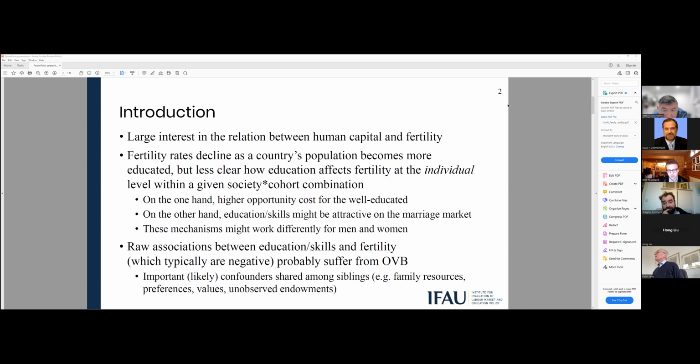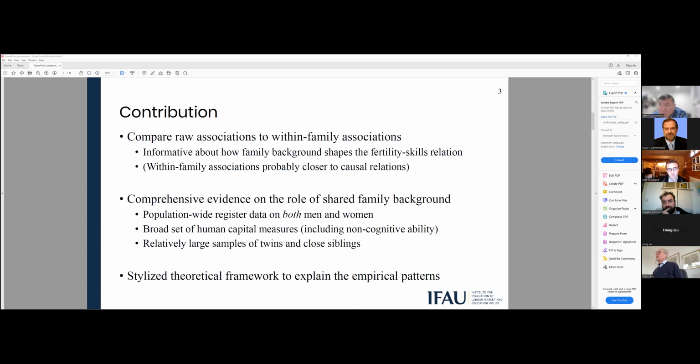So we think it's interesting to see how much of this negative association is driven by these shared family factors. So the contribution then is to compare raw associations between education and fertility to within family associations. And this is going to be informative about how the family background shapes the fertility skills relation.